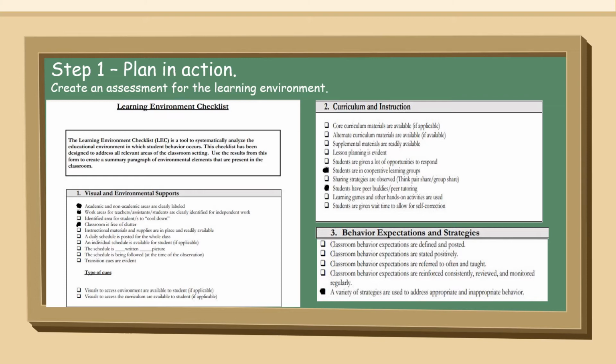Next is curriculum and instruction: students are in cooperative learning groups, and students have peer buddies and peer tutoring. Now, mind you, these dark areas are all areas that need improvement. Lastly, behavior, expectations, and strategies. I circled: a variety of strategies are used to address appropriate and inappropriate behavior.